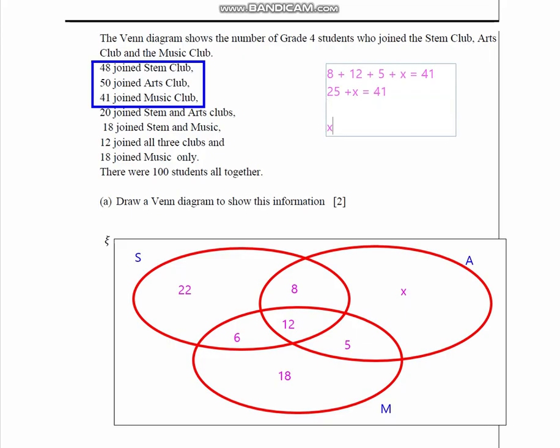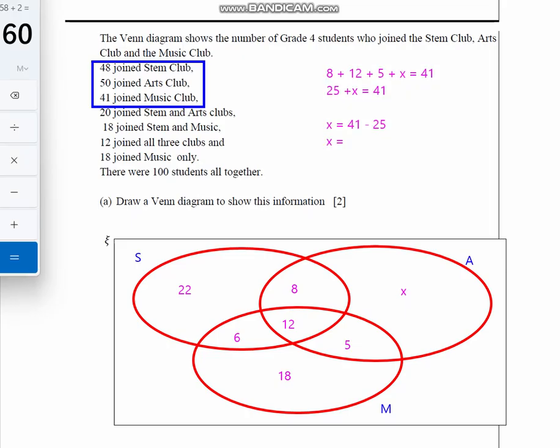Subtracting 25 from both sides, x is equal to 50 minus 25, giving me 25. Then let's replace x with 25.